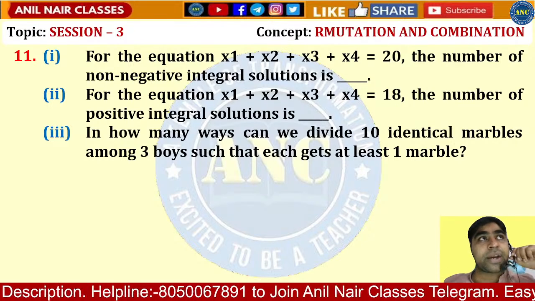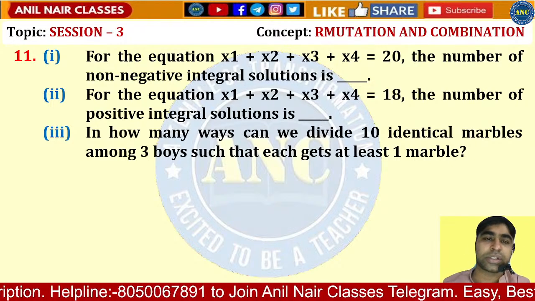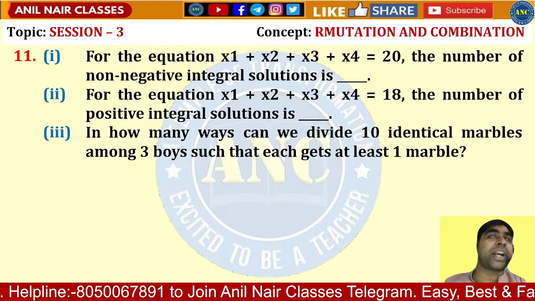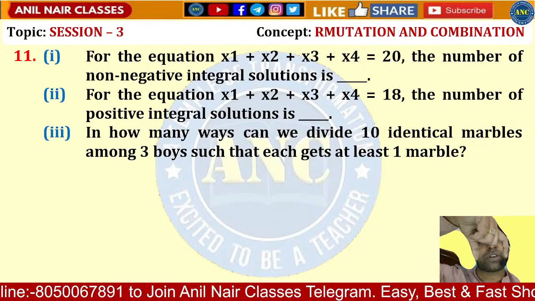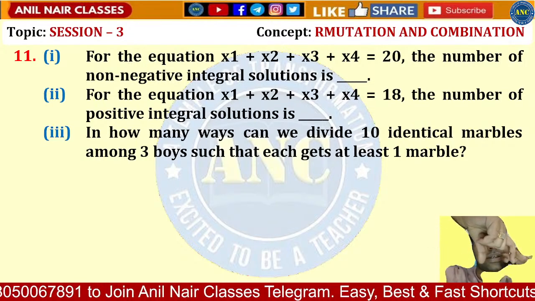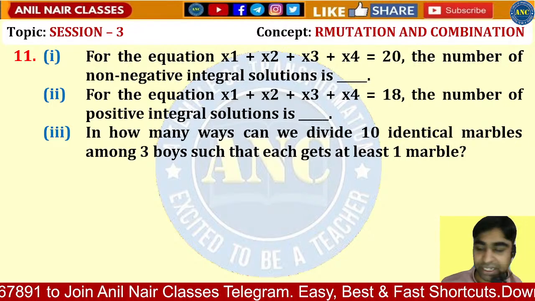So to divide it among 2 persons, I need how many partitions? I need 1 partition. To divide among 3 persons, I would need 2 partitions. What will I say? To the left of this, A keeps, between these, B keeps, and to the right of this, C keeps.